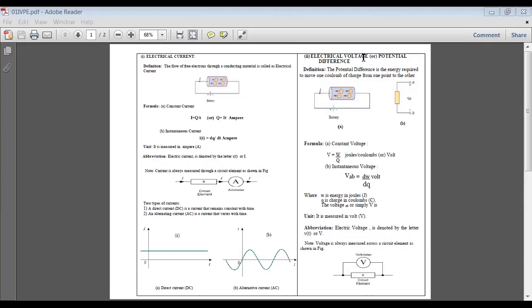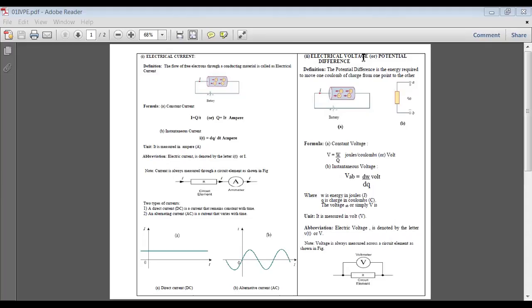Now come to electrical voltage. The definition of electrical voltage, the potential difference, is the energy required to move 1 coulomb of charge from one point to another. We have to give a supply to the conductor so that electrons will move from one place to another in the conductor to do useful work.